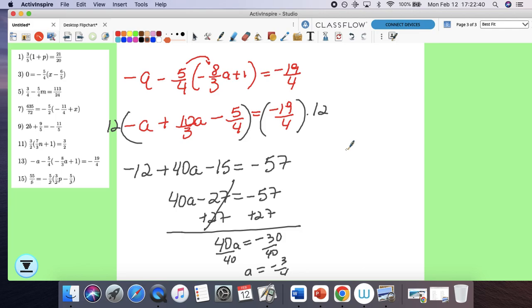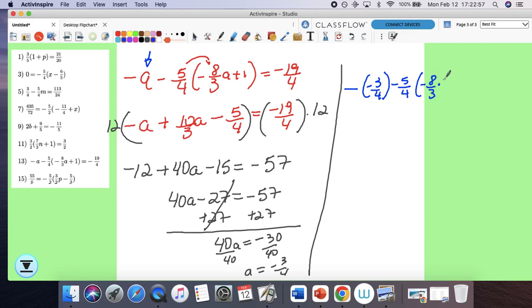Alright, so substitution. I'm going to get negative, and the a here, I'll replace the a with negative 3/4. So every time I see a, I put negative 3/4. Minus 5 over 4 minus 8 over 3 times, again, negative 3/4. Plus 1 equals negative 19 over 4. 3/4, because a negative and negative are positive.